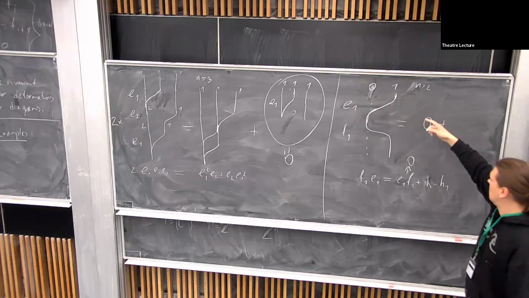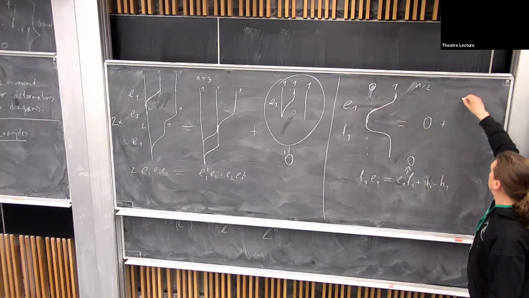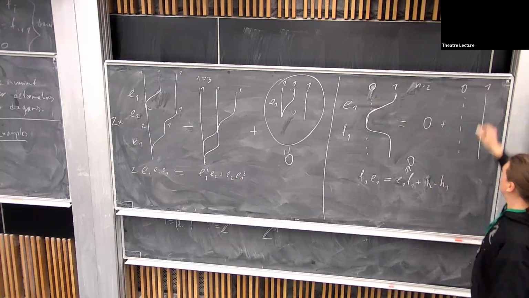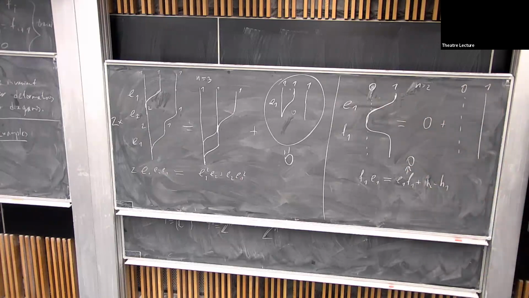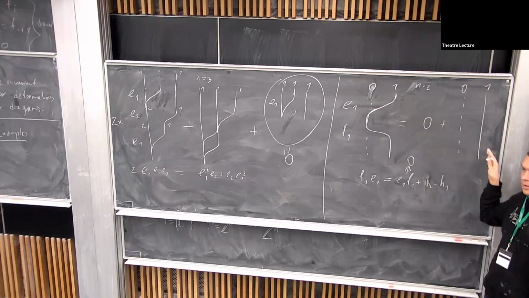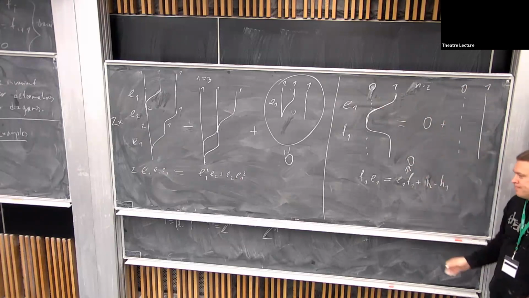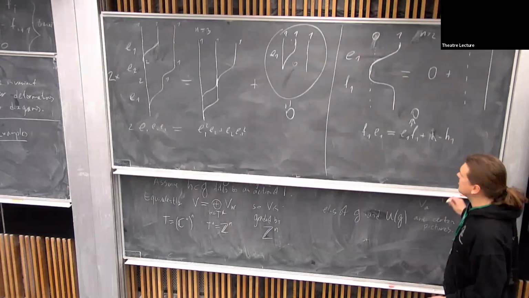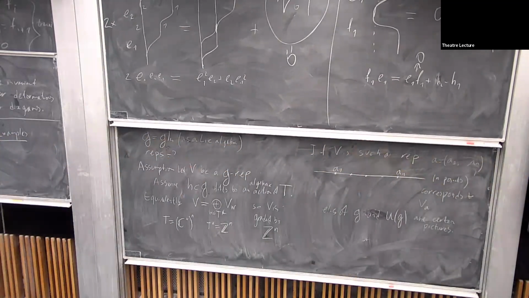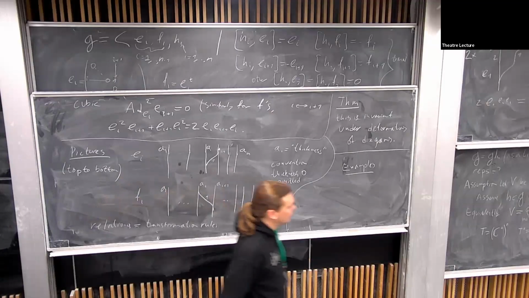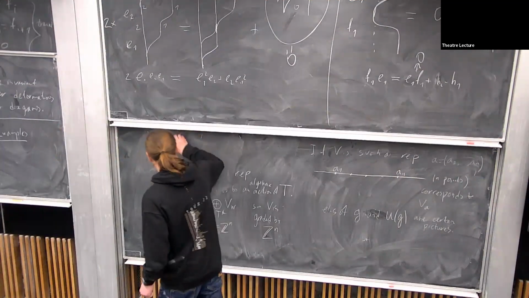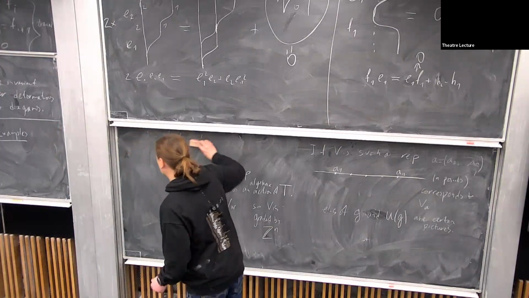So this is just 1 and this is the identity. Okay. So here's an example of a diagram that I deform and I get the same result. And I hope this example illustrates that you may start realizing that it's a non-trivial theory.